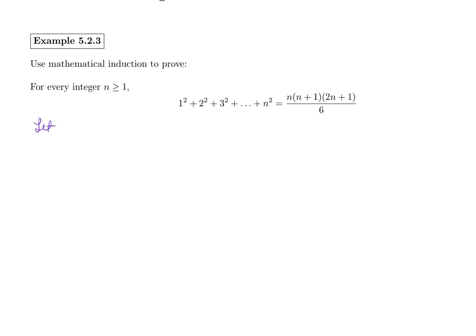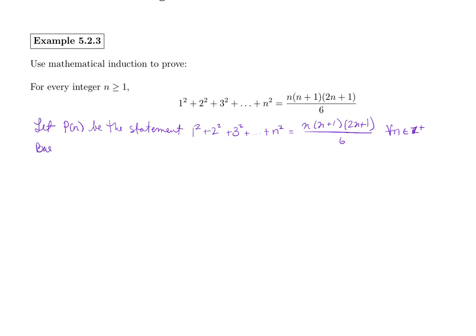So let's start with letting P of n be the statement 1 squared plus 2 squared plus 3 squared plus all the way out to n squared is equal to n times n plus 1 times 2n plus 1 all over 6 for all n in the set of positive integers.